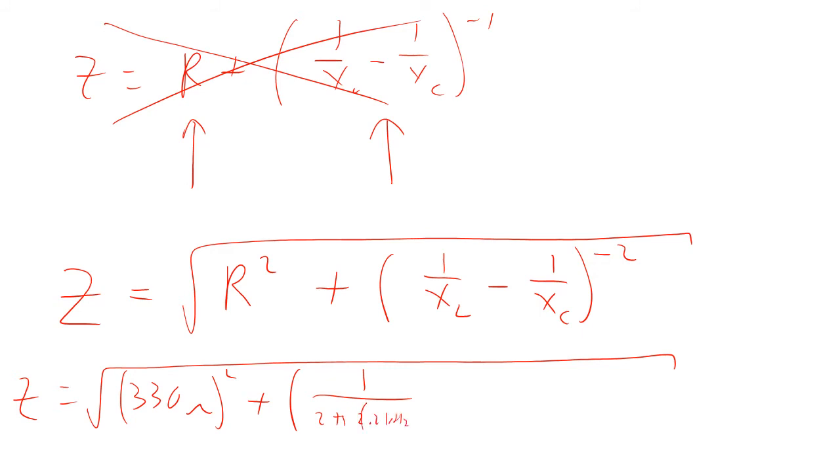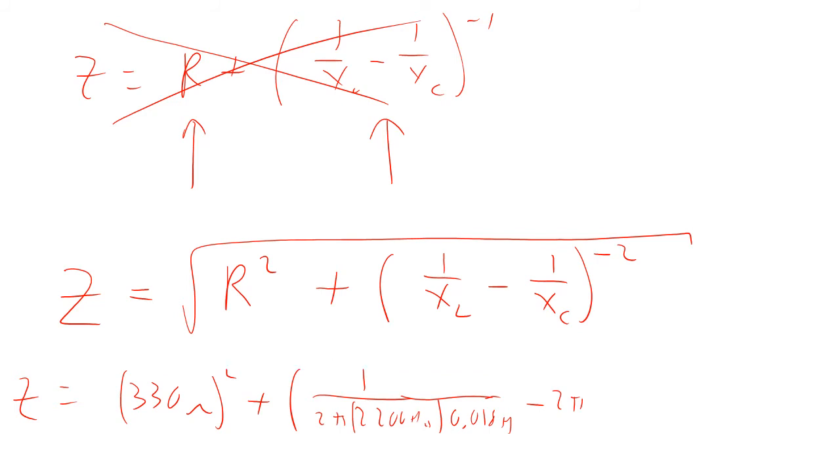We've got to convert that into hertz. So 2,200 hertz times the 0.018 henries, minus that turns out to be 2 pi, so it's going to be 1 over that. So 1 over 2 pi is 2 pi.